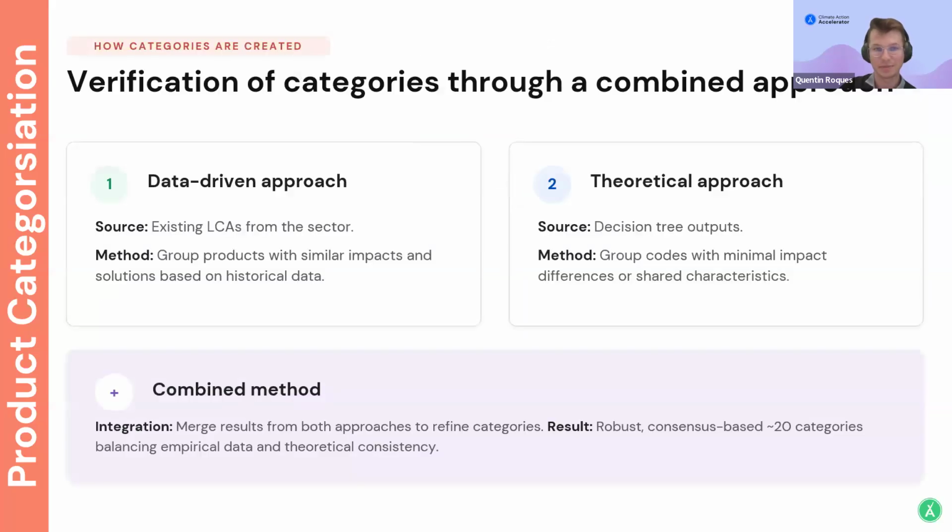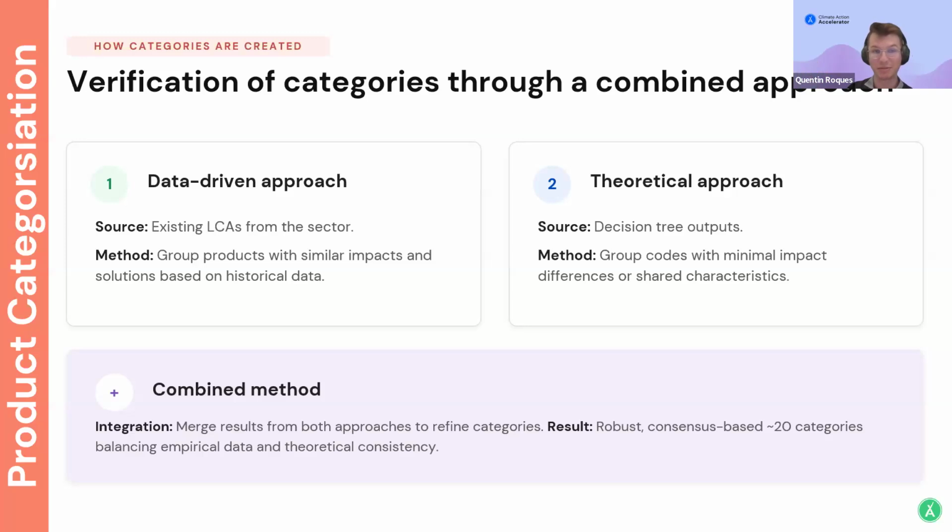And so we have these two first materials we can build on, and we do the categories using the decision tree. So that's the theoretical approach. We took each one of the 90 items, and we asked each one of the questions of the decision tree, and we have the outputs, which is like a code which reflects all the answers.